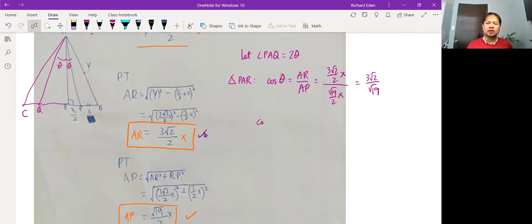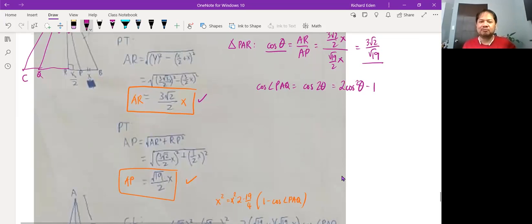So therefore, cosine of angle PAQ equals cosine of twice theta, which is 2 cosine squared theta minus 1. And that's where we're going to use this. Have a look at it first.